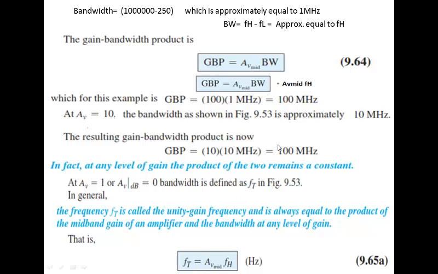The unity gain frequency is equal to gain into bandwidth. The gain and bandwidth product would always remain constant, and it would be equal to fT, which is the unity gain frequency.